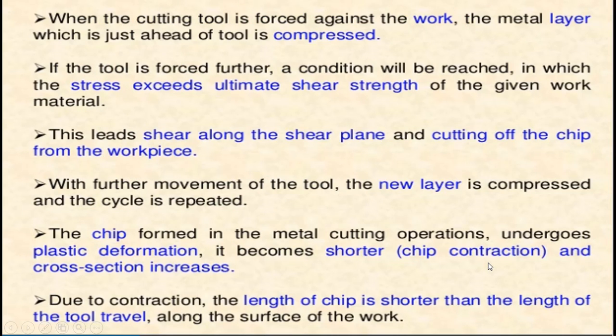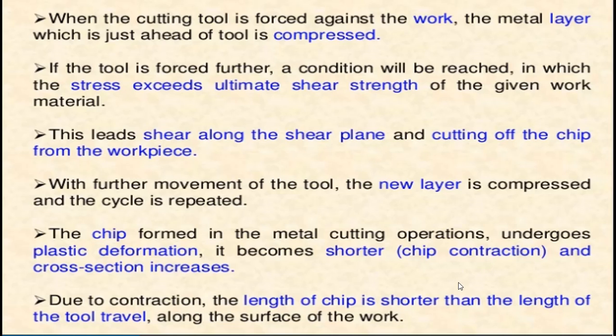When the cutting tool is forced against the work, the metal layer just ahead of the tool is compressed. If the tool is forced further, a condition will be reached where the stress exceeds the ultimate shear strength of the given work. This leads to shear along the shear plane and cutting off of the chip. With further movement of the tool, a new layer is compressed and the cycle is repeated.